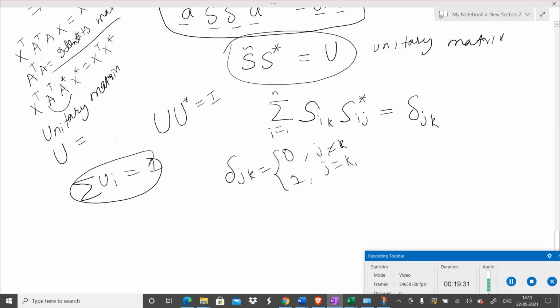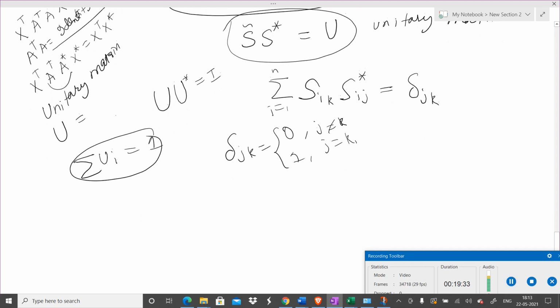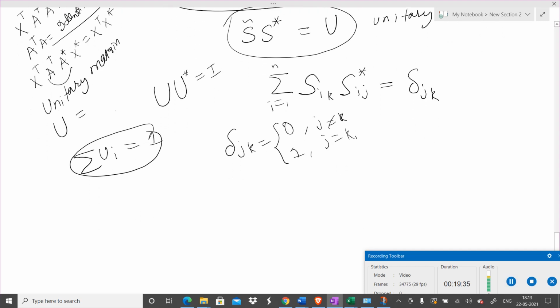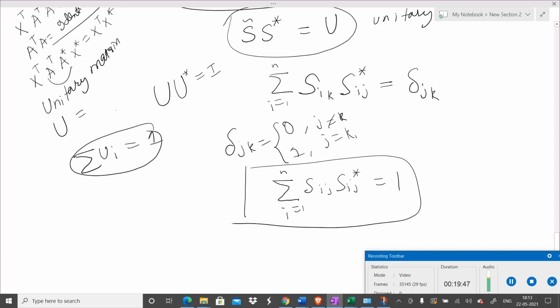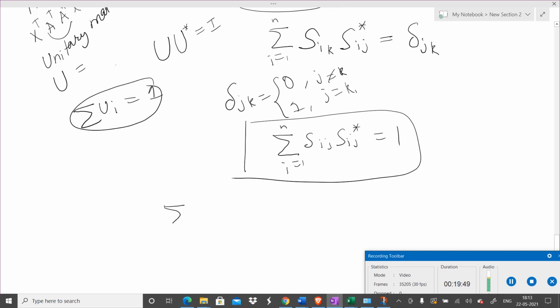So this proof will give you both the conditions. When j is equal to k, you get summation i equal to 1 to n of Sij Sij star is equal to 1. This is the unity property. And you get the second property, summation i equal to 1 to n of Sik Sij star is equal to 0 for all j not equal to k.